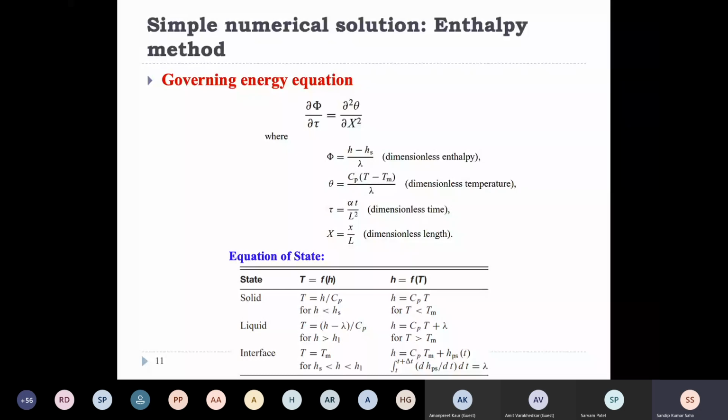Then the enthalpy, by definition in this case, theta is equal to phi, because you see that T is less than T melt, so the T melt and the latent heat terms vanish in the solid state. So there theta is just equal to phi.